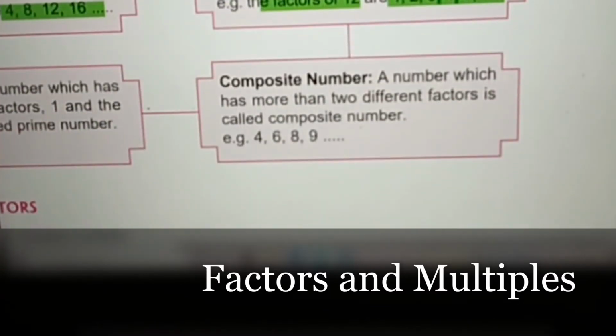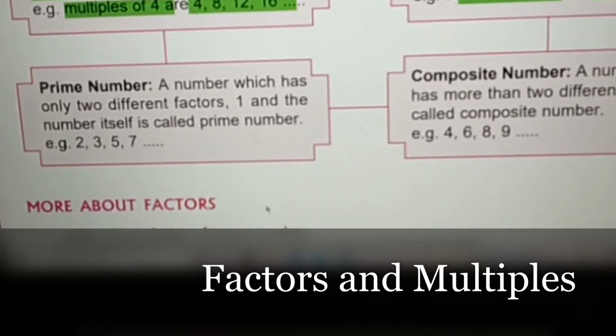Now coming to the next point, we have prime numbers. Let us recall this. What is a prime number? A number which has only two factors, and the two factors are 1 and the number itself, is called a prime number.